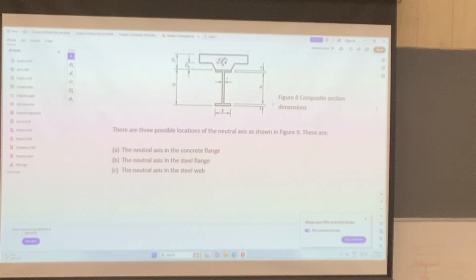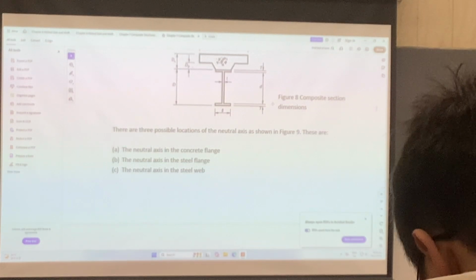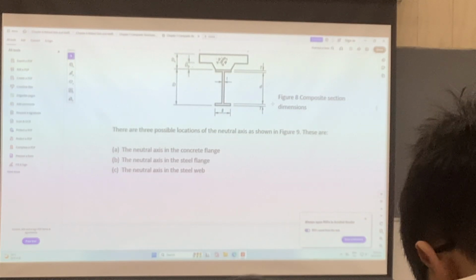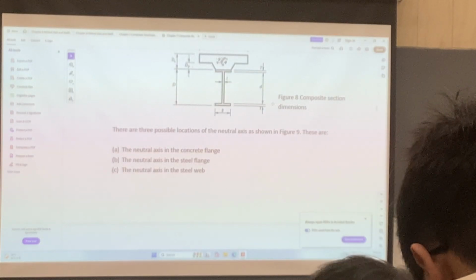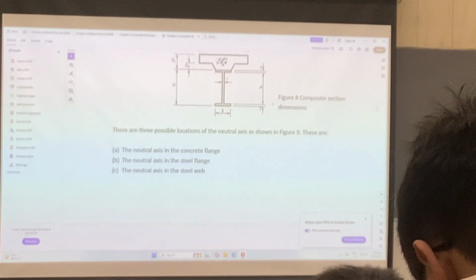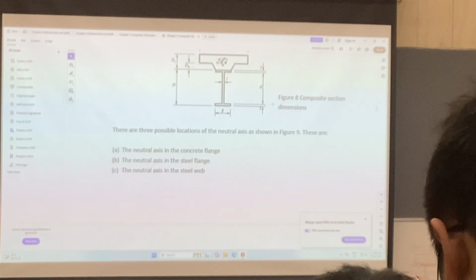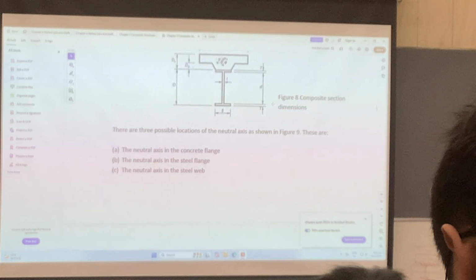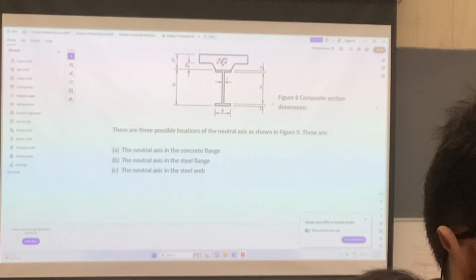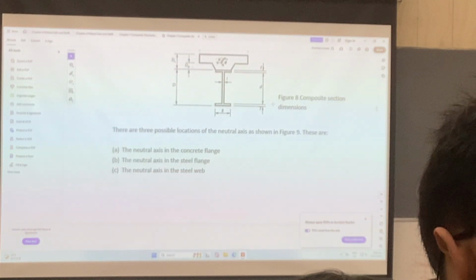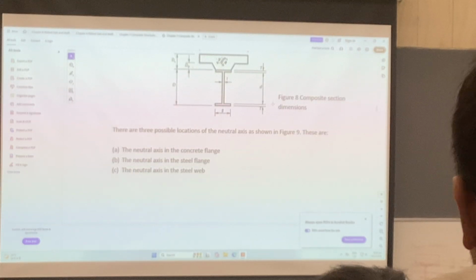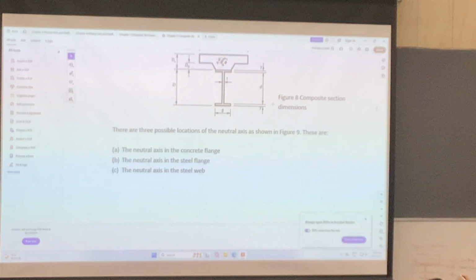So basically, our neutral axis would be in the concrete section. Okay, this is the first situation. The second situation is the neutral axis is between the flange. The third situation is that the neutral axis is between the web. So this is between the concrete flange, and then the second one is between the steel flange, and then this is between the web.